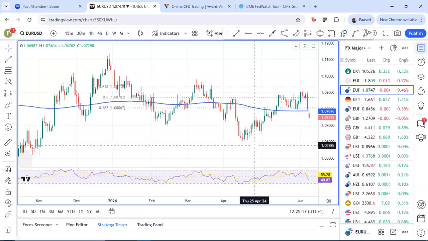The potential for further cuts possibly exacerbates that yield narrowing we had seen. For the euro as well, I mentioned slowing China momentum, so the recent gains in China are slowing, and the scope for fresh stimulus is potentially more difficult as Fed rate cuts are delayed.